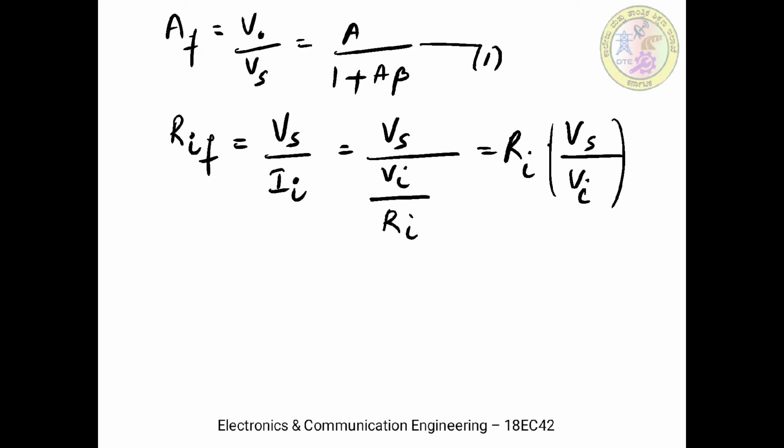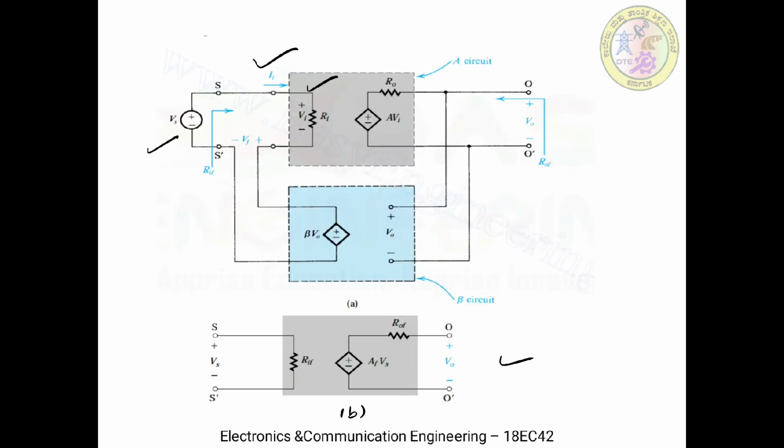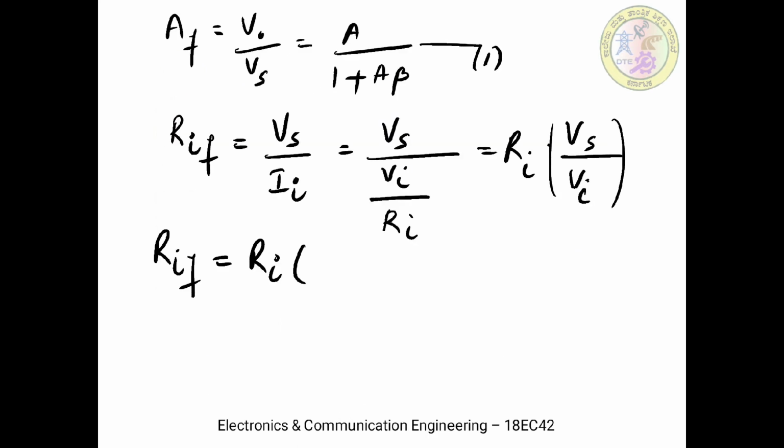Therefore RIF can in turn be written as Ri into, now this Vs represents the sum of Vi plus beta times A Vi. So the total source will be equal to Vi plus beta times A into Vi.